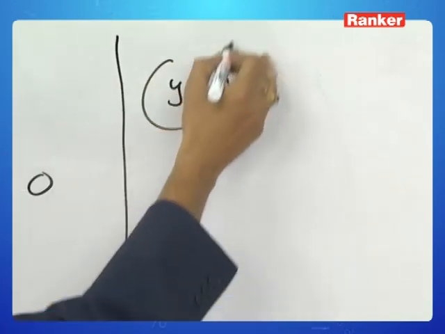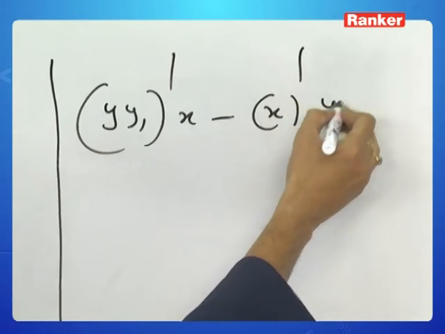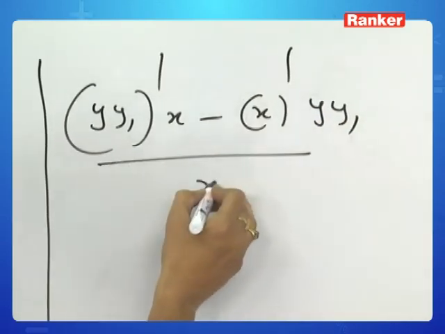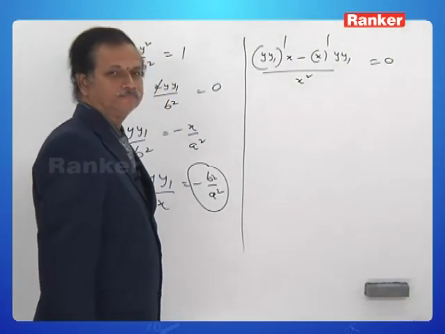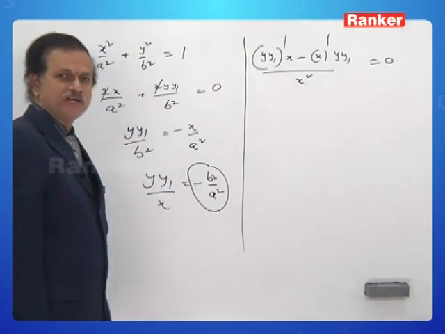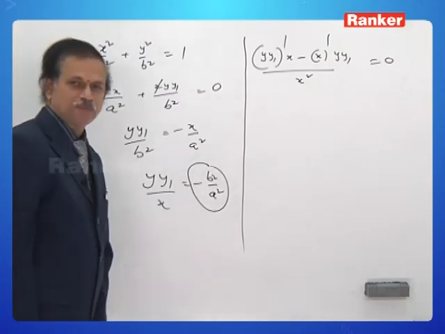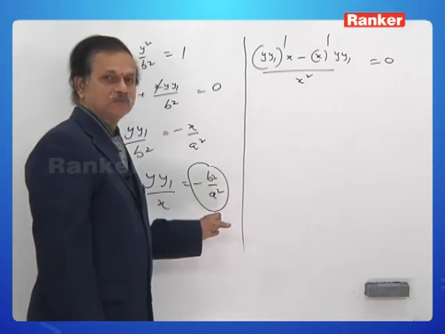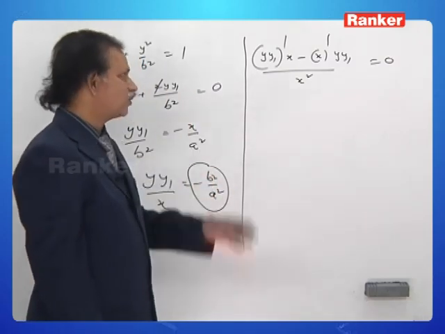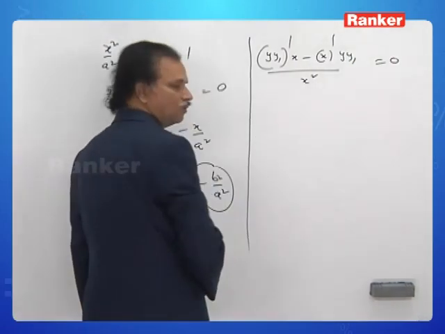u dash v minus v dash u by v square is equal to 0. How can we get the step? By differentiating this with respect to x on both sides. You see, minus b squared by a squared is a constant, hence its derivative is 0. Even if you cross multiply, x square also goes there.